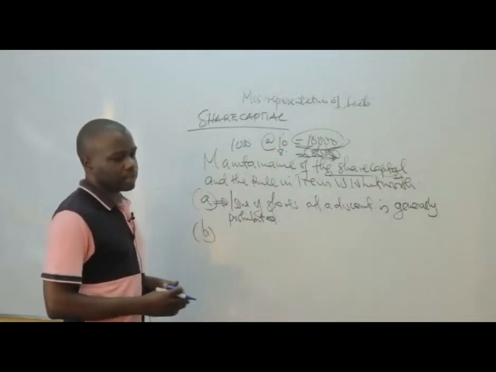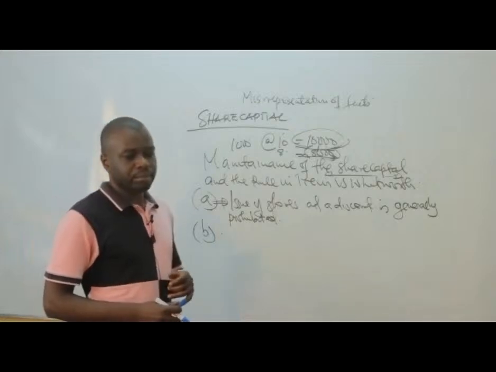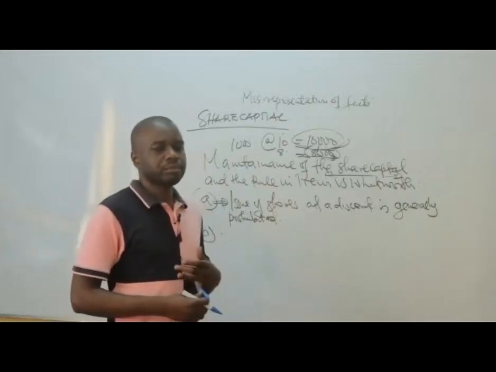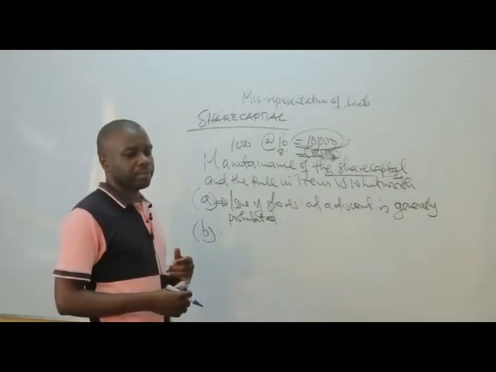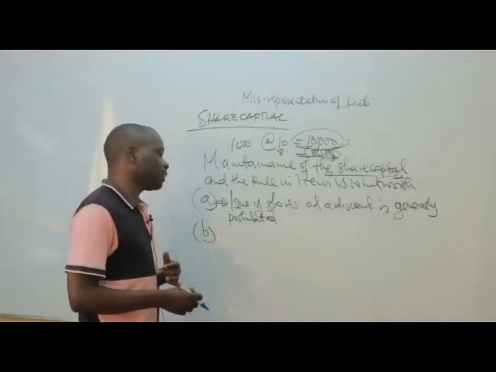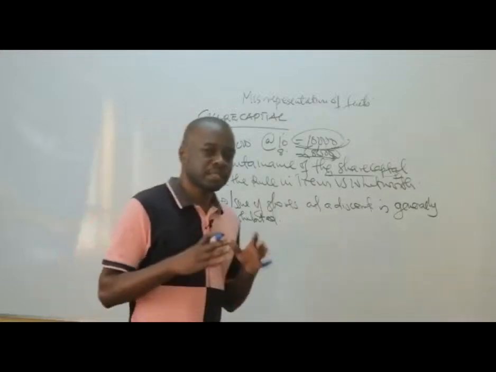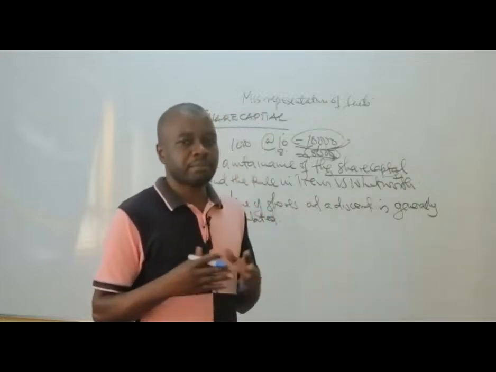Another way is when shares are issued at a premium, these amounts should be maintained in what we call a share premium account. And this can only be applied for the specified purposes under the Companies Act.